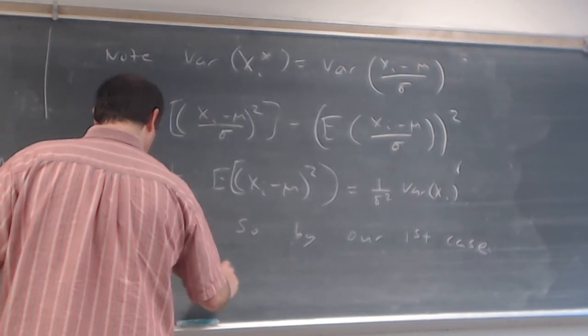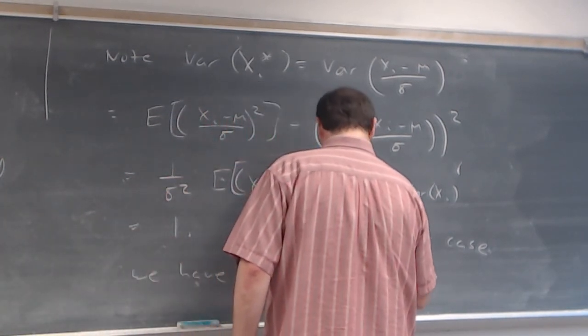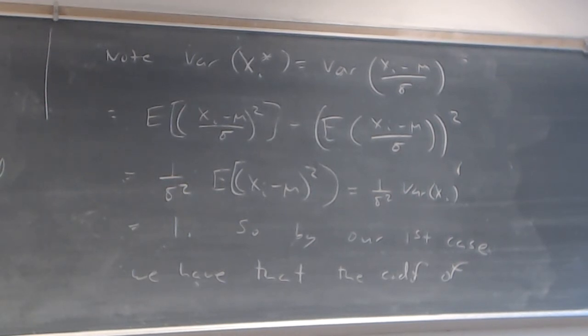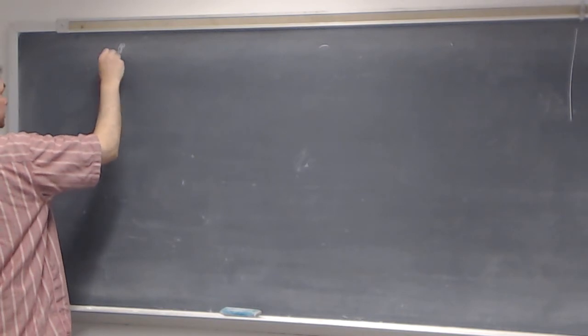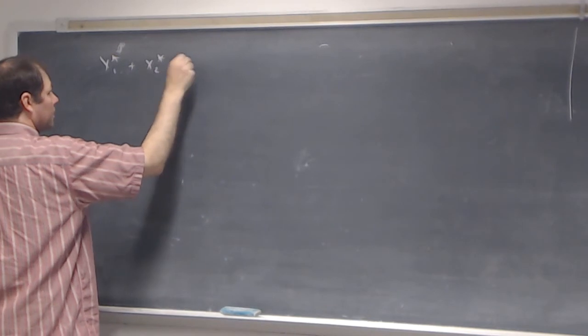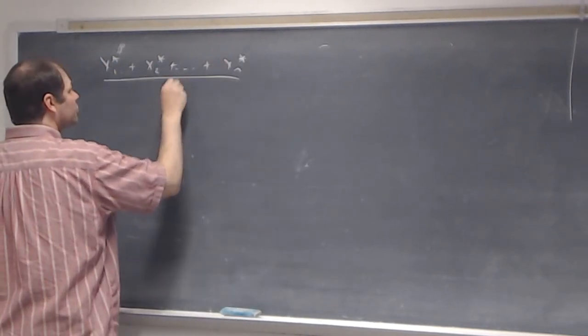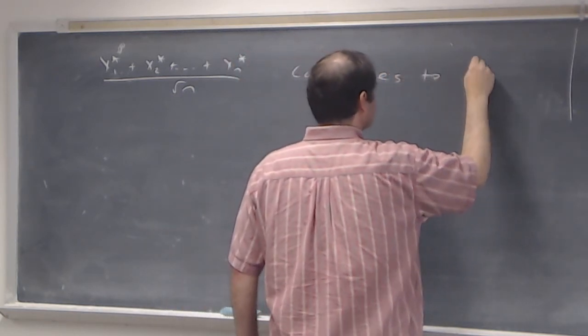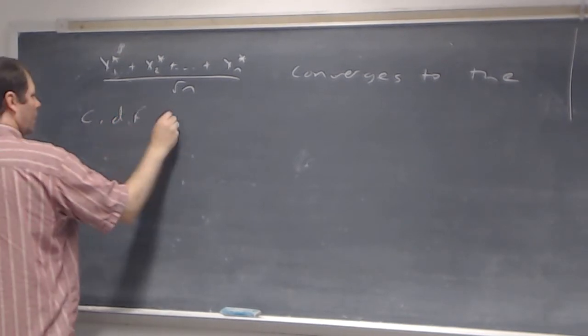We have that the CDF of x of 1 star plus x of 2 star plus all the way up to x of n star, over the square root of n, converges to the CDF of the standard normal.